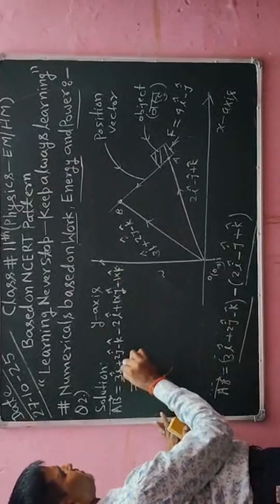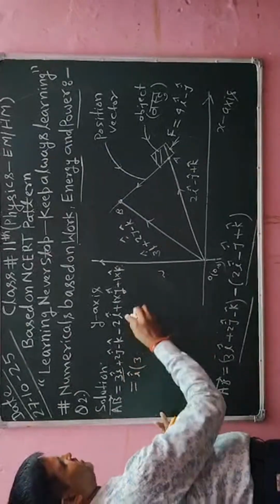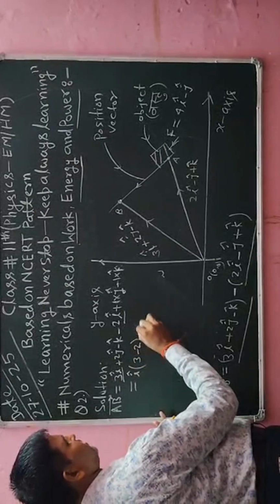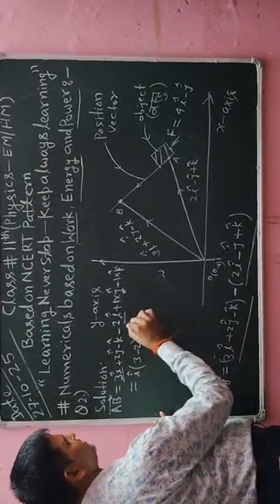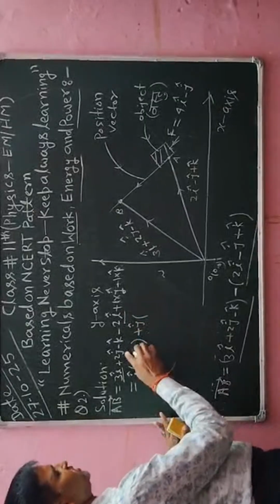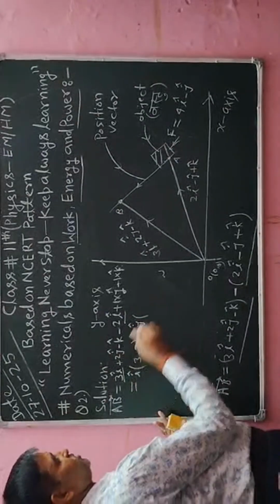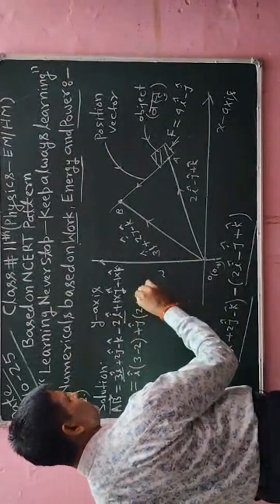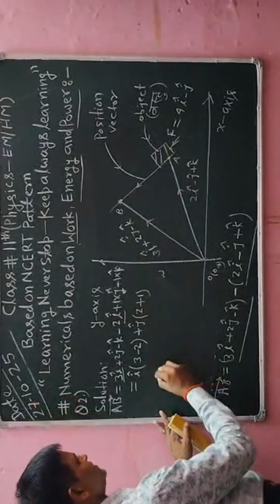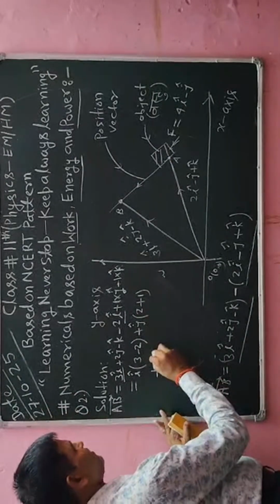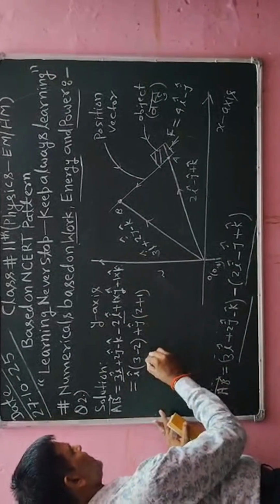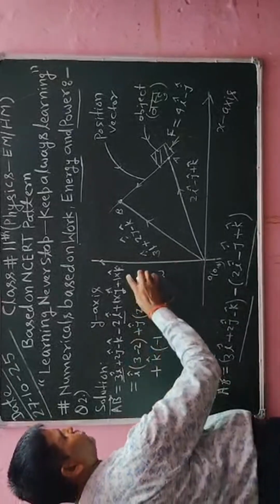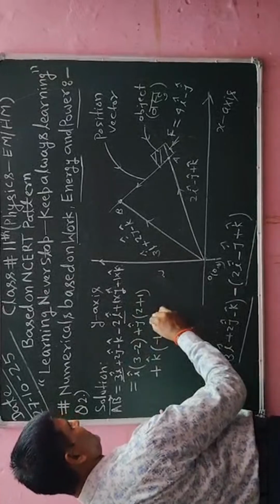The coefficient of vector i will be 3, and here the coefficient of i will be -2. Now plus vector j I will take common. Here the coefficient of j is 2, and here the coefficient of j is +1, so I will write +1. Similarly, I will put here vector k cap. Its coefficient is -1, and here the coefficient is also -1.